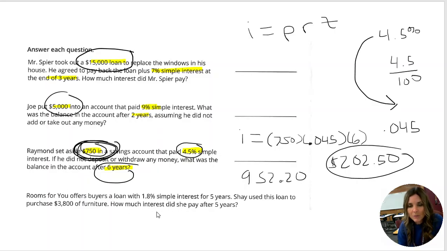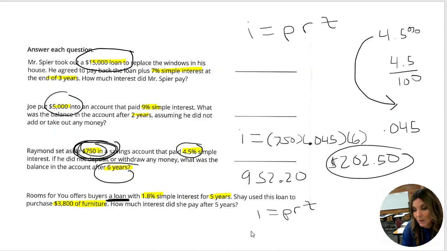It says Rooms For You offers buyers a loan. Now, if you're doing a loan, you're going to have to pay interest. That is an additional amount of money you have to pay for borrowing. It says that the interest is 1.8%. The loan amount is 5 years, and the purchase or the original cost, the principal, is $3,800. So we take our interest equals principal times rate times time.